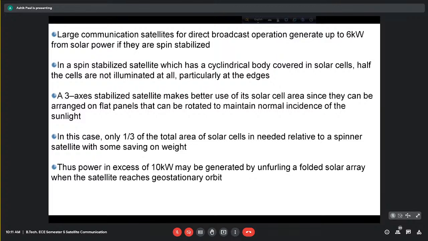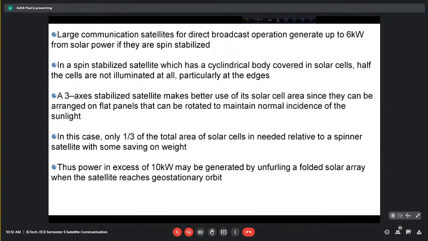However, in the case of a spin stabilized satellite, which typically has a cylindrical body covered with solar cells, we can understand that because it is spinning, half the cells are illuminated and half are not, because the satellite itself is continuously spinning, particularly those cells at the edges.